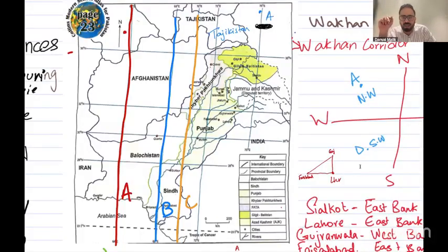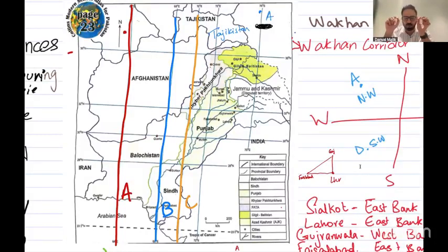Daim and Suleiman, both of you, I'm repeating myself. We only have to figure out, when a line of longitude passes through Pakistan, which provinces it passes through.